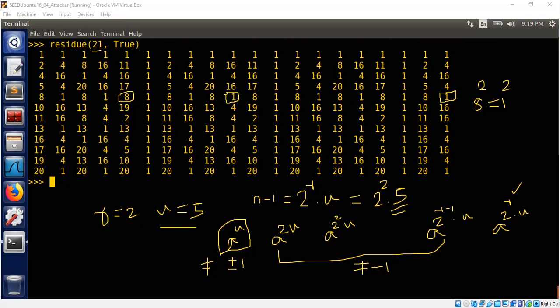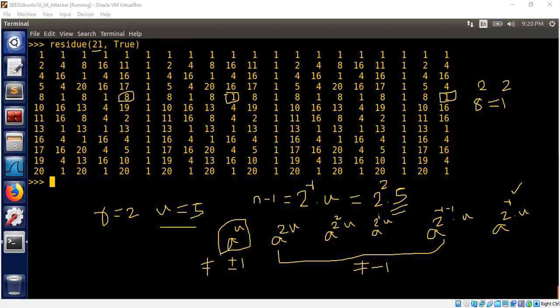That's not easy. So let me summarize what I have been talking about so far. I'm going to look at the sequence a power u, a power 2u, a power 2 square u, and so on. Say I find a power 2 power i times u. How did I get that? By just squaring the previous term, a power 2 power i minus 1 times u.